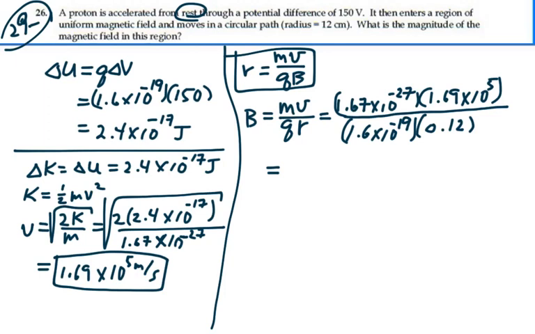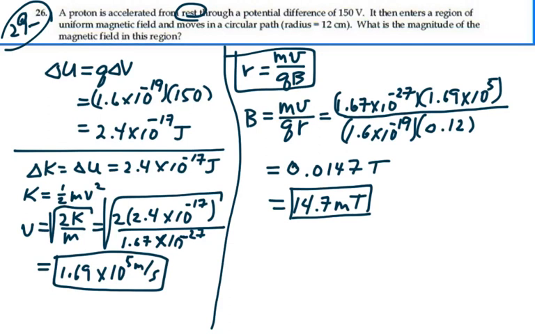This is equal to 0.0147 Tesla. Everything's SI units, so we come up with 0.0147 Tesla, which we could write as 14.7 millitesla. So that is the magnitude of our magnetic field, 14.7 millitesla.